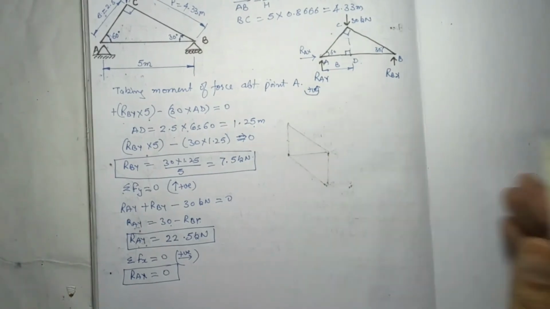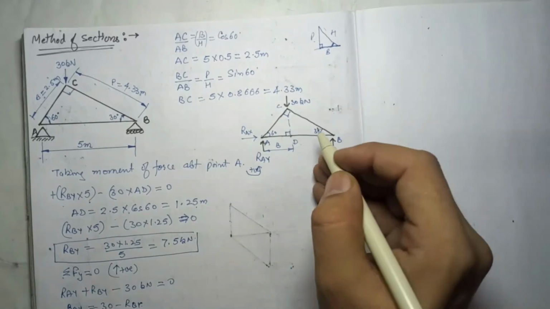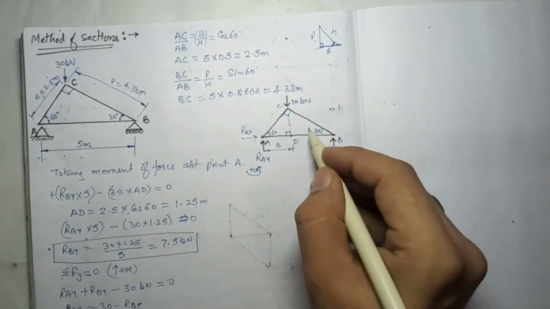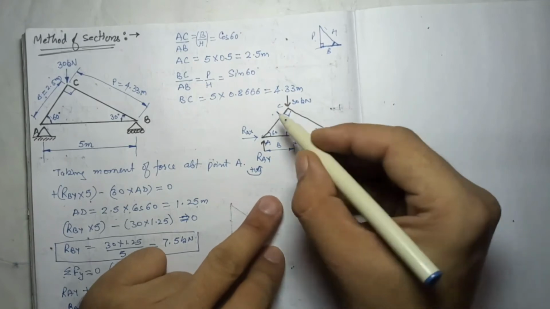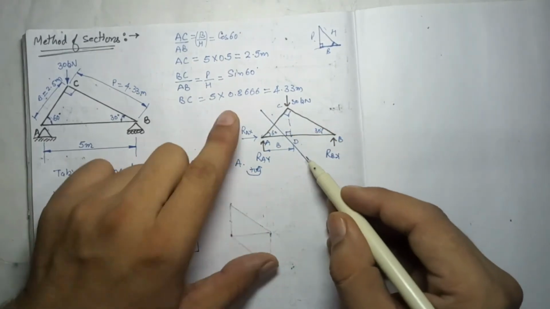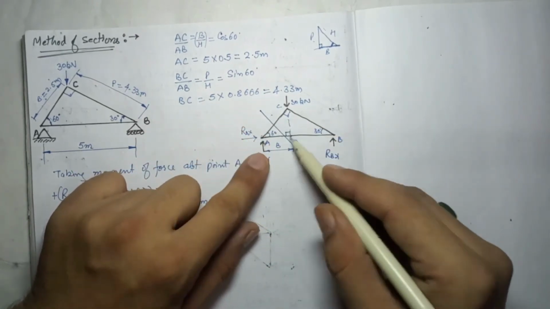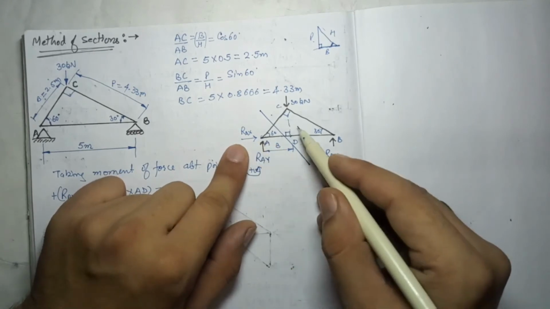After that we have to start like method of sections. Now to find out the forces in any of the two members, I have to imagine a section plane. Let's say I have taken one section plane which is crossing like this. This is the imagination, this imaginary section plane, it is cutting the object into two parts. Now this is the left part, right part.